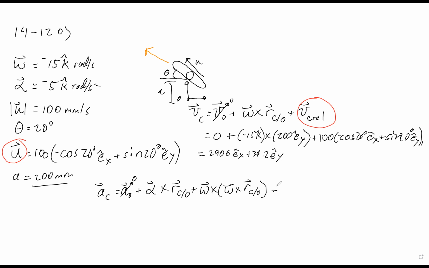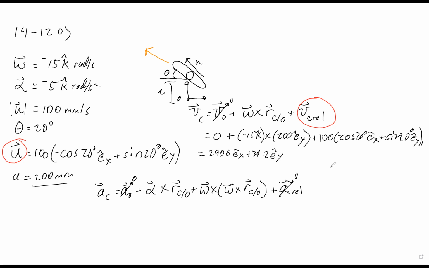Plus the acceleration of c relative to the rotating axis. Do they give us a value for that? I would say the slider is being told to us to be at a constant speed relative to the slot, so this is a 0 term.